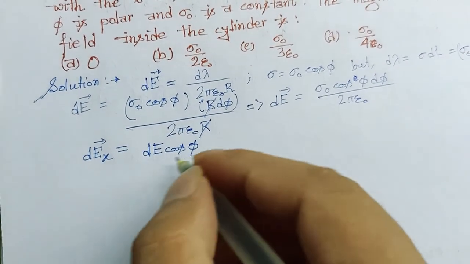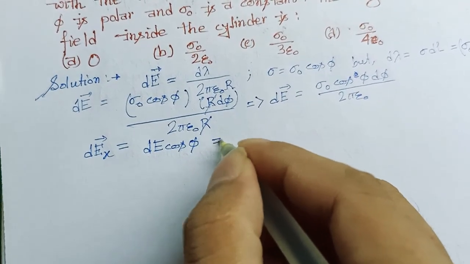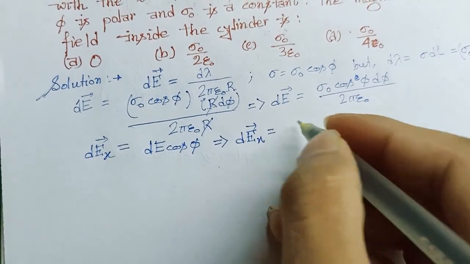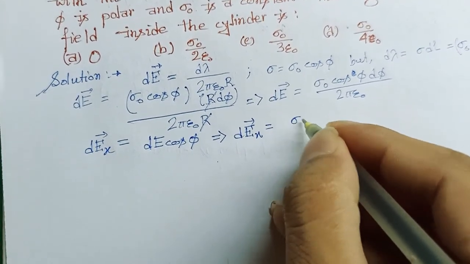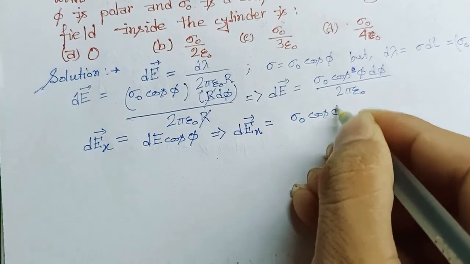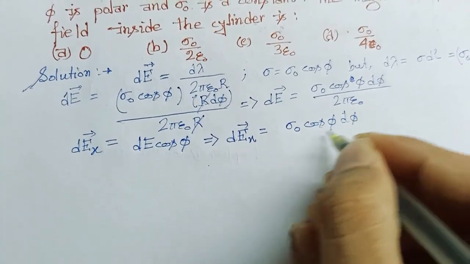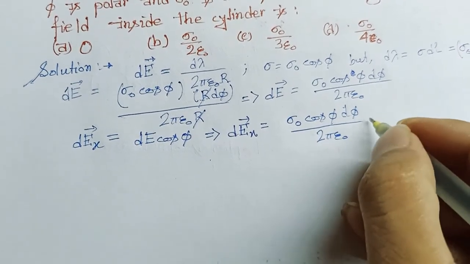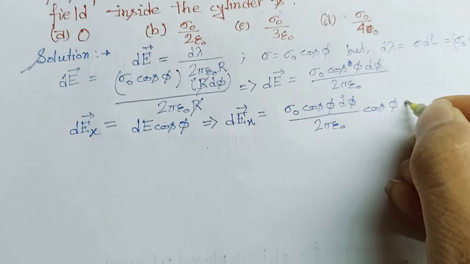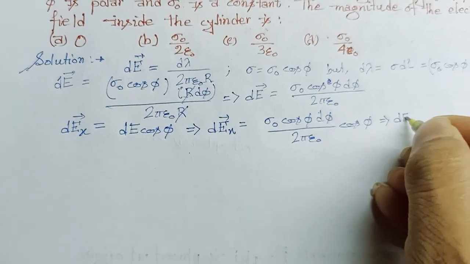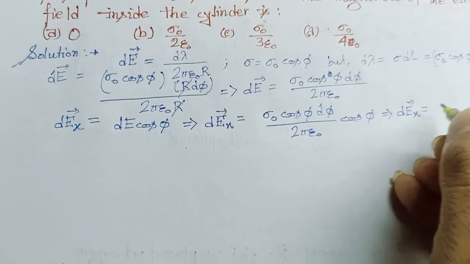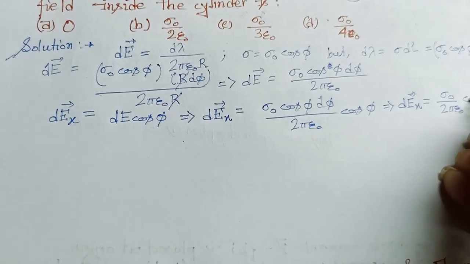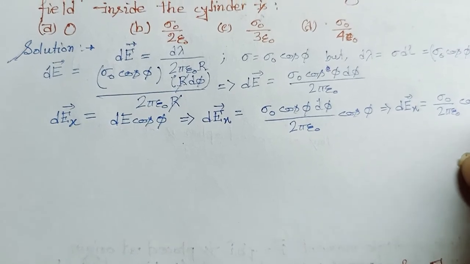If we put the value of dE, then dEx will be equal to sigma naught cos phi d phi divided by 2 pi epsilon naught into cos phi. So our ultimate value of dEx will be equal to sigma naught divided by 2 pi epsilon naught into cos square phi d phi.